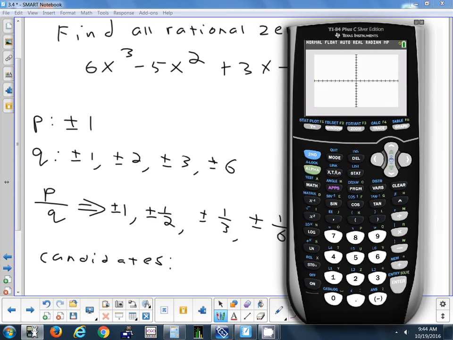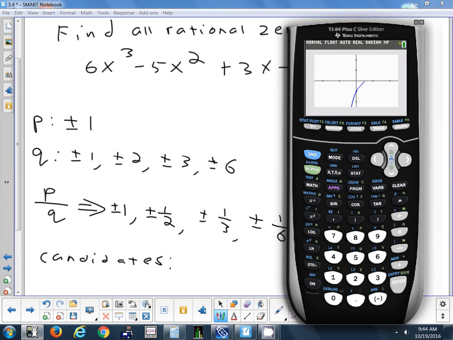Okay, these are all going to be pretty close. 0.5, 0.3, okay, 1. So it's going to be hard to tell. Let's zoom in a little bit.